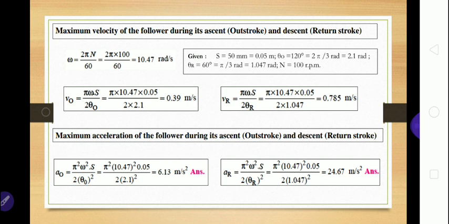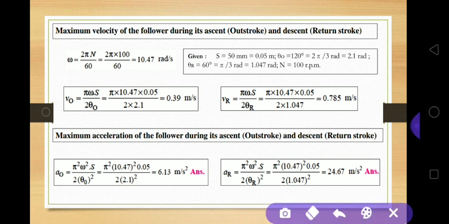For that we have two formulas: during the outstroke, maximum velocity is equal to pi omega s divided by 2 theta O, and during the return stroke, maximum velocity is equal to pi omega s divided by 2 theta R.